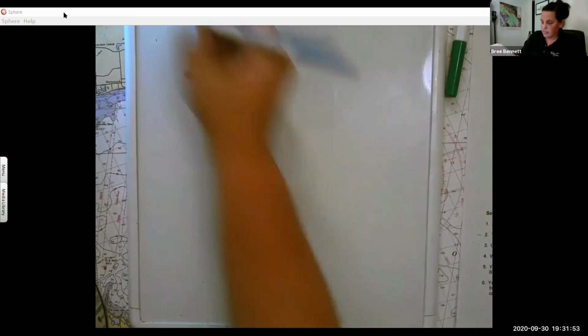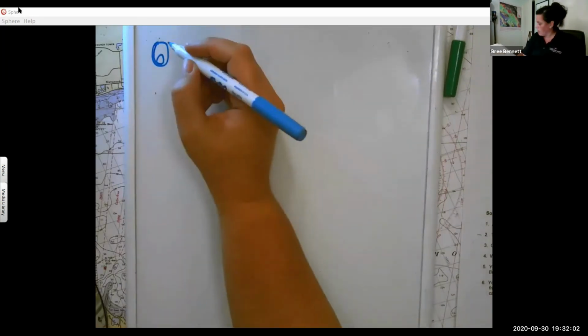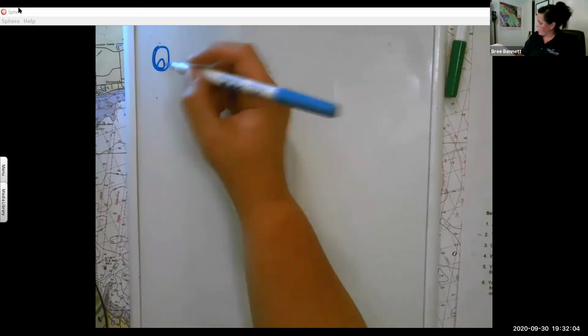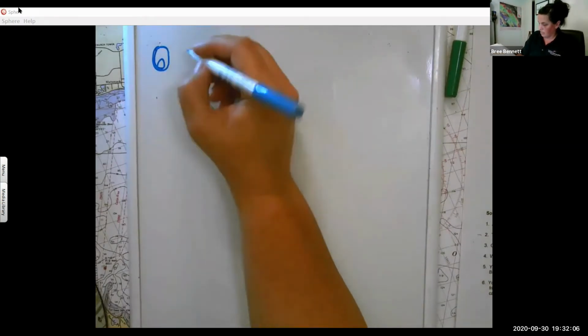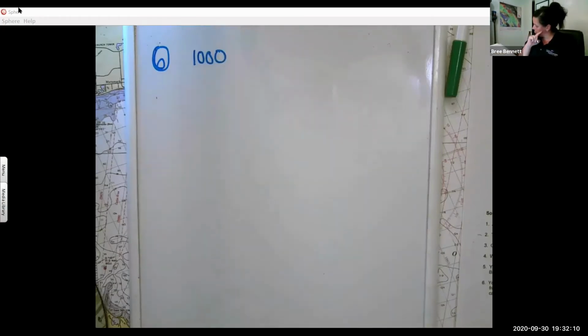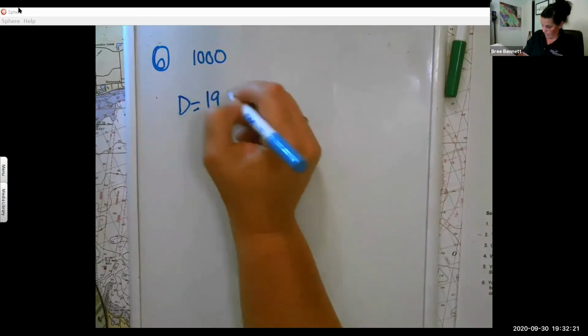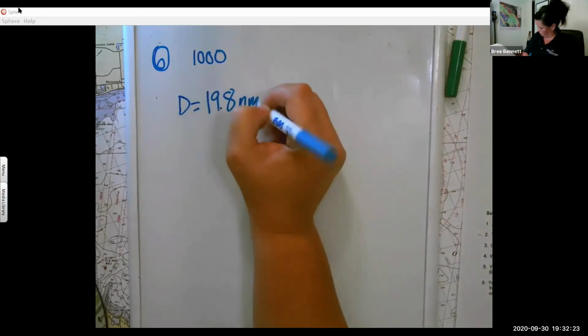Number 6. We are at a local harbor at 10 o'clock. You want to cruise to a distant harbor and meet friends for lunch at 1300. The distant harbor is 19.8 nautical miles away.